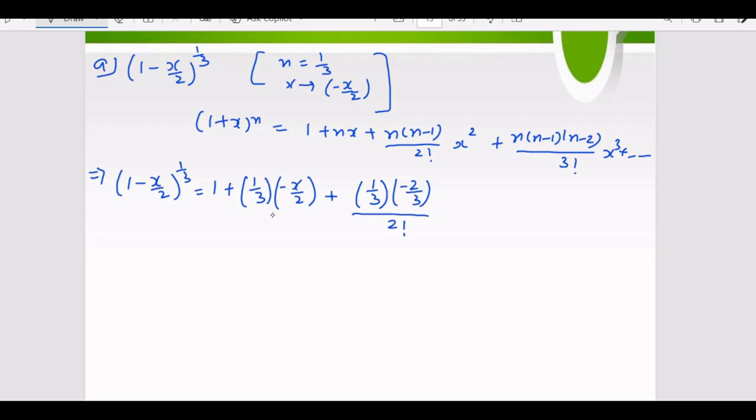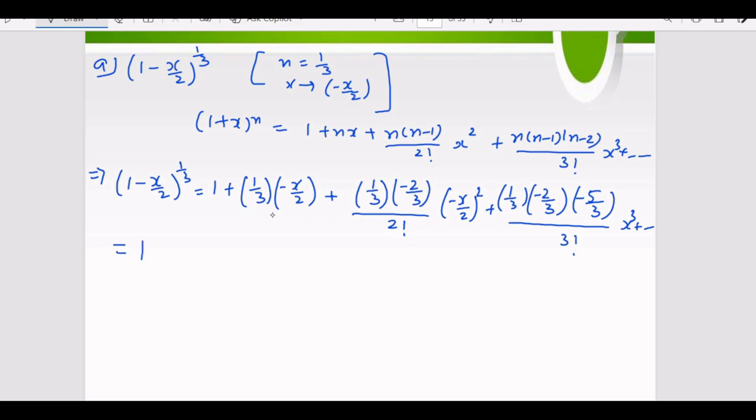So 2 factorial and then negative x over 2 squared. Then we have n again 1 over 3 and minus 2 over 3. When you subtract, I'm directly subtracting, and minus 2, it's going to be minus 5 over 3, over 3 factorial and x cubed, right?